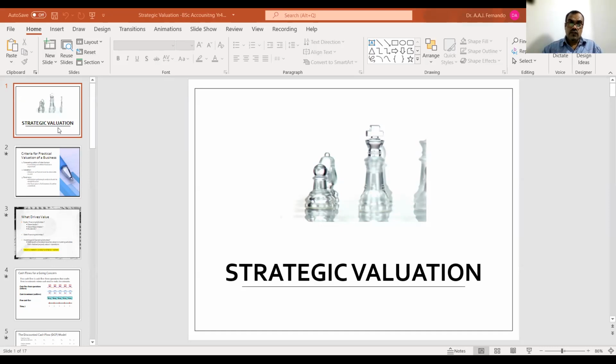Today's discussion, strategic valuation, focuses from a macro perspective, where we look at how the value has been created within the organization as a whole, one entity unit. But before coming to that, through strategic management accounting, there are different ways in which value is created and different types of processes.